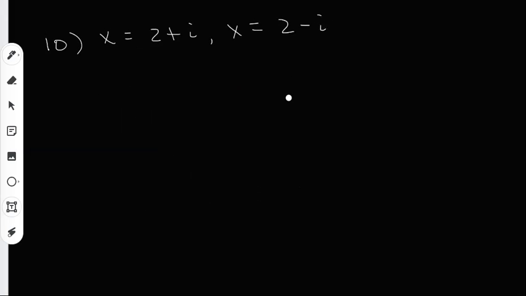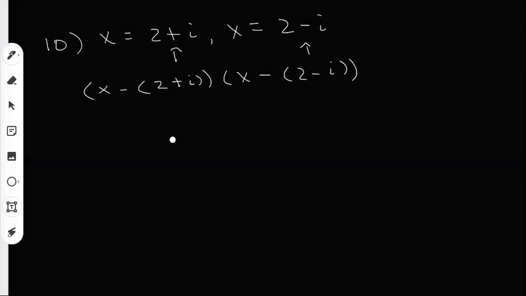Now, what we need to understand before we do this is that both of these are imaginary numbers, and they are conjugates of each other because one has a plus and the other has a minus. But the way we're going to attack these is the same. We're going to be subtracting these numbers from x. So I subtract 2 plus i in the first factor, and in the second factor, I'm subtracting 2 minus i.